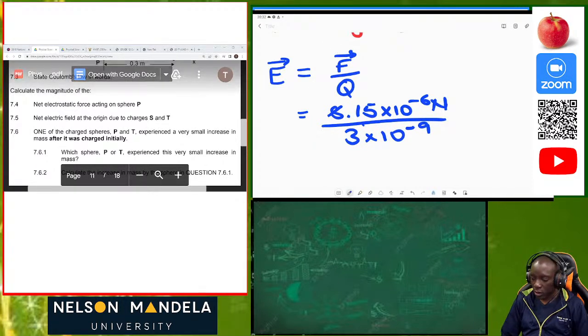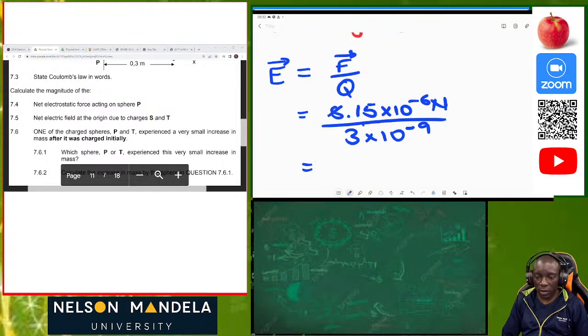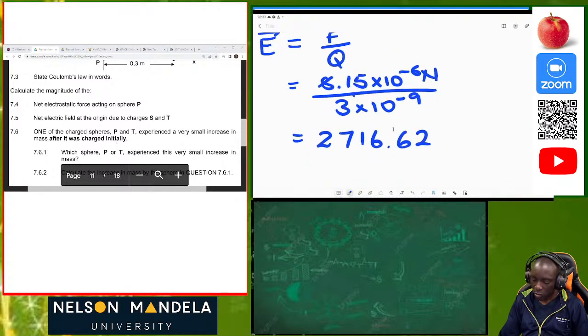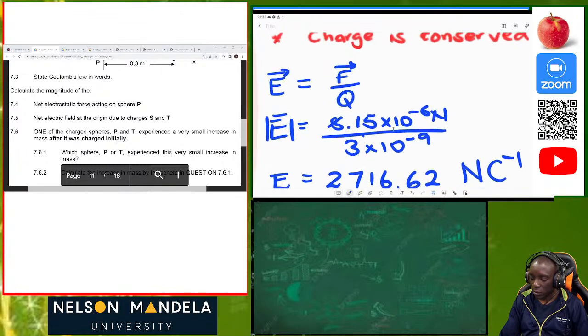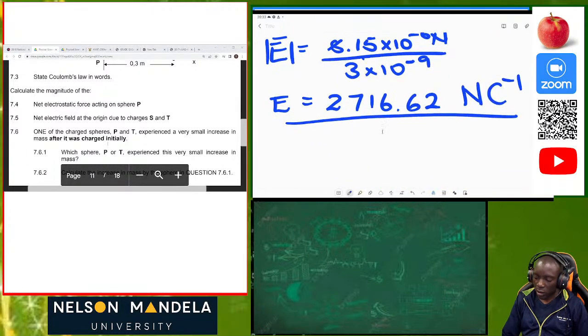So that gives us 2716.6. This is Newton per Coulomb. That's the magnitude of the electric field at the origin. So since it's magnitude, we can do this on the vector and we get just the magnitude.